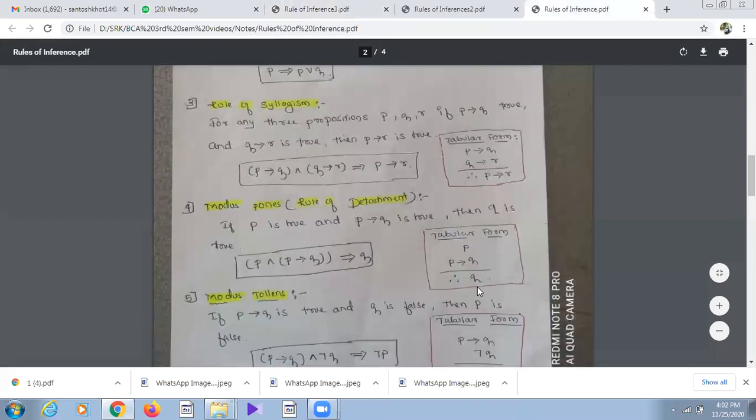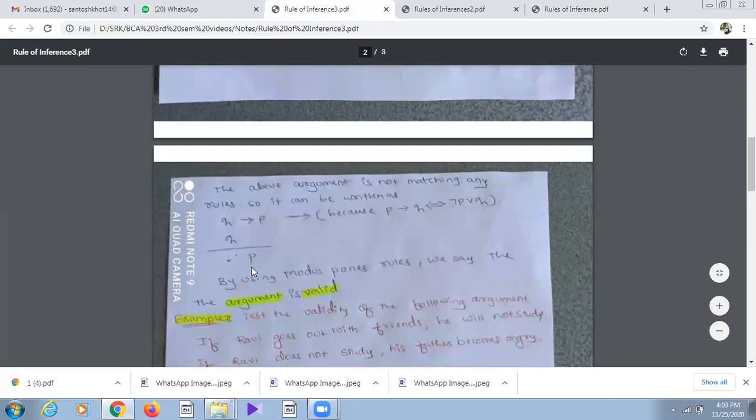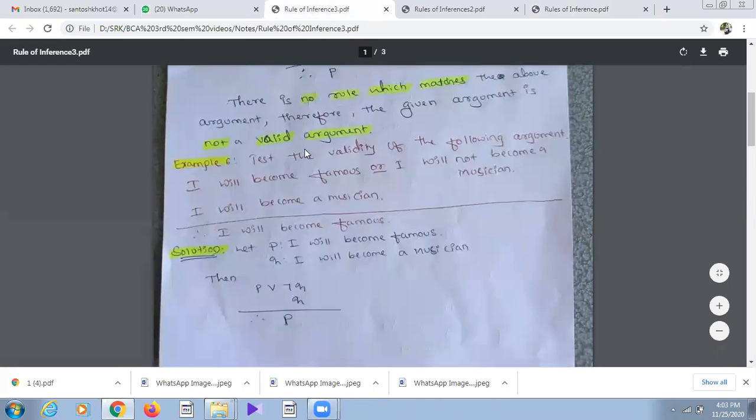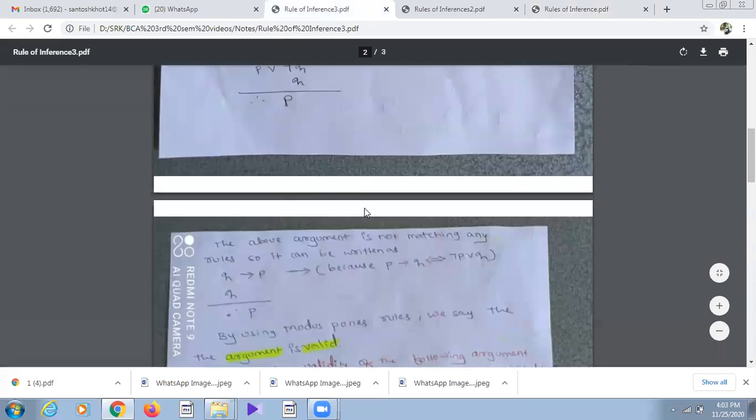Next here we got the Q, which is the single one. So PP cancel, we get the Q here. So same here, QQ cancel, we get the P here. So here we can apply the modus ponens rule. Then we can say that this particular argument is a valid one. Okay, so this is one different type of problem in the rule of inference.